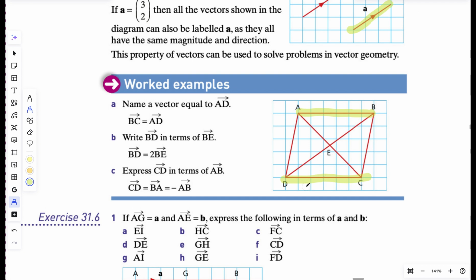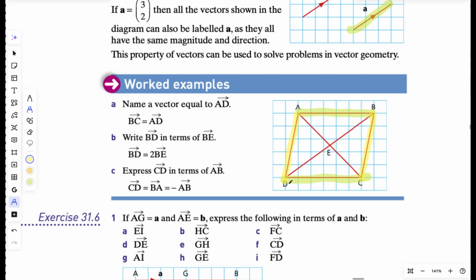Similarly, this vector BC will be the same as AD in vector geometry.